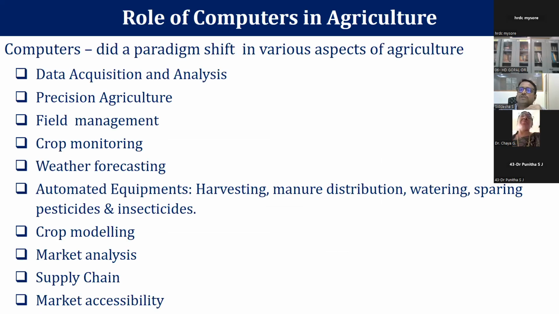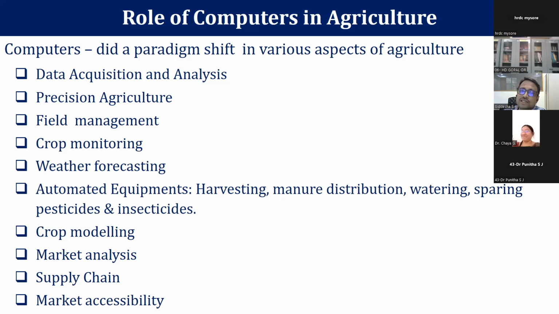Now, the role of computers in agriculture. Previously, for the crop management stages we discussed, we can make use of computers as well as artificial intelligence and machine learning solutions to address those issues. With the advent of computers and advancement in computer technology, there has been a paradigm shift in different aspects of agriculture.